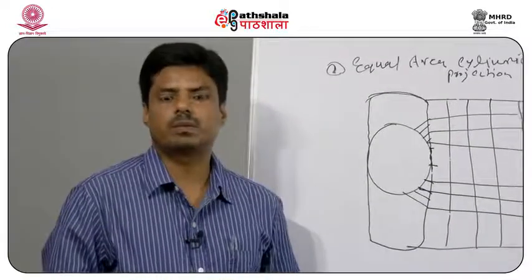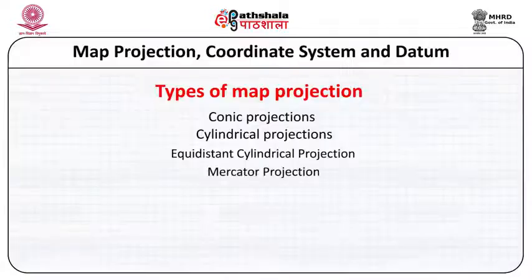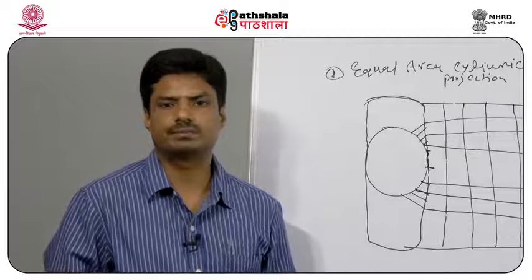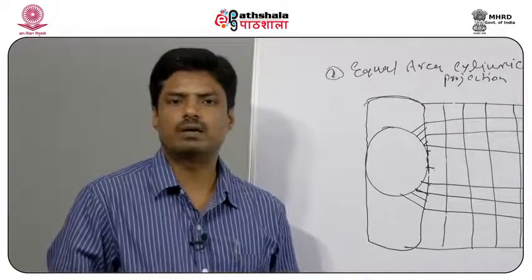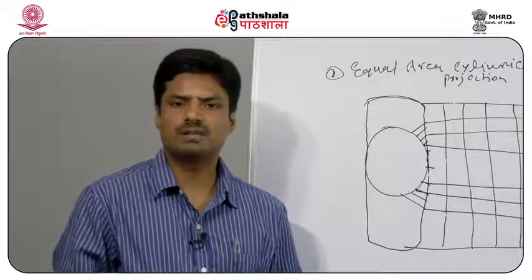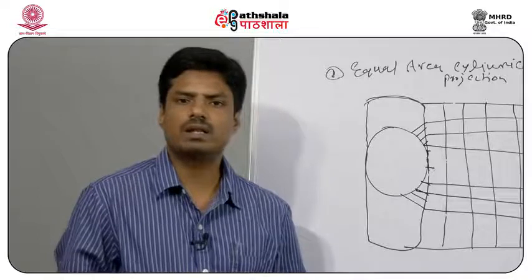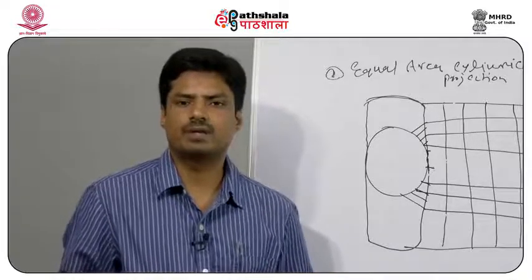The second important projection in this category is Mercator's projection. Mercator's projection played a vital role in the development of the history of cartography. Mercator developed this projection in the year 1512 and later used it.